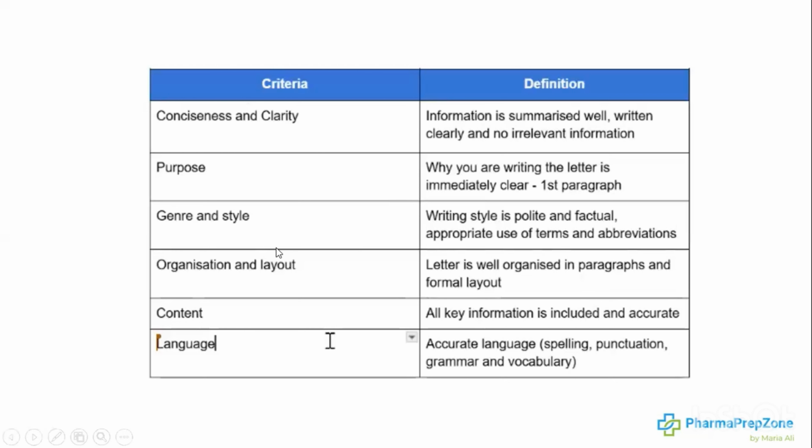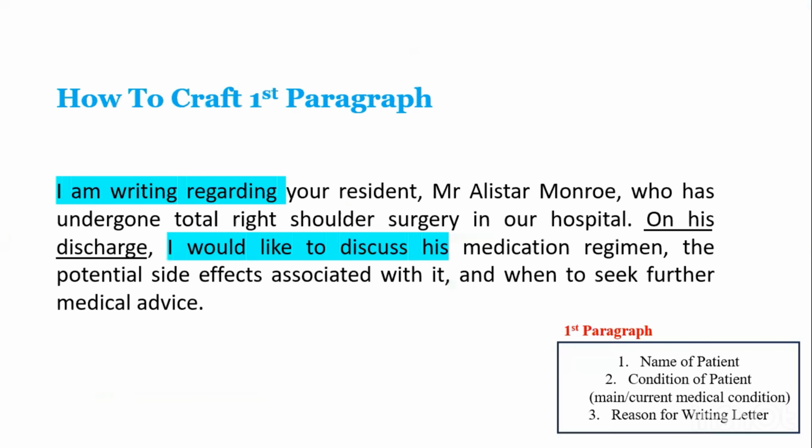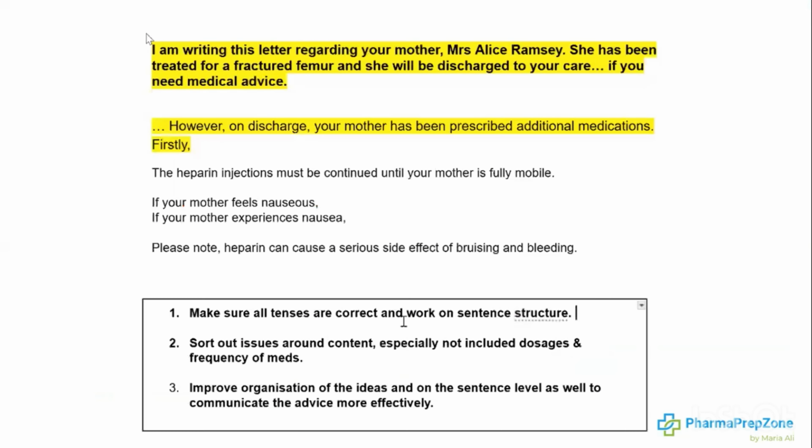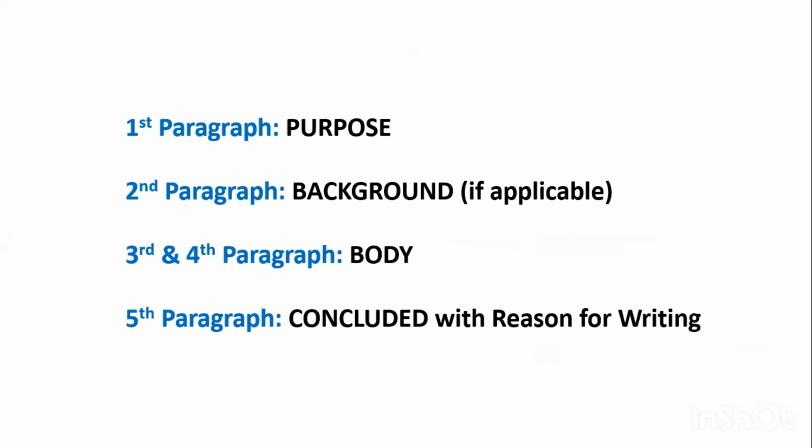The next criteria is organization and layout. The letter is well organized in paragraphs and formal layout. So your letter should be well structured. Let me show you the structure. How can you structure your letter in paragraphs?